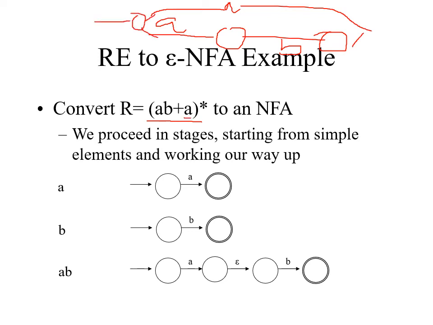Now like this. So this is A, right? This is A, and this is AB. Now this is AB, and finally we need to open the closure. Then how can we open this closure? This is null and this is the final state, and let's suppose this is my initial state.